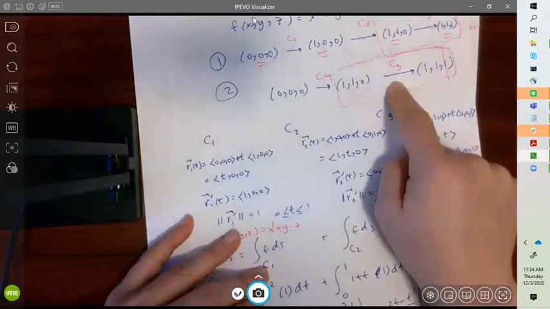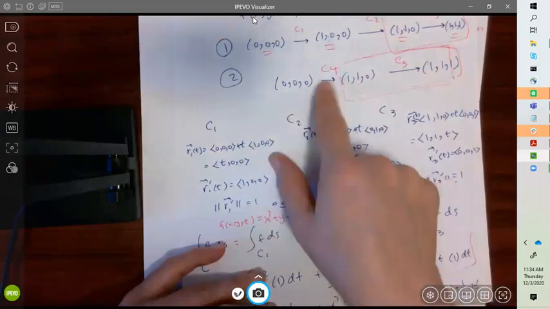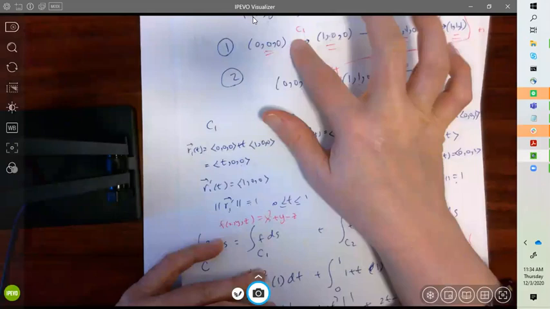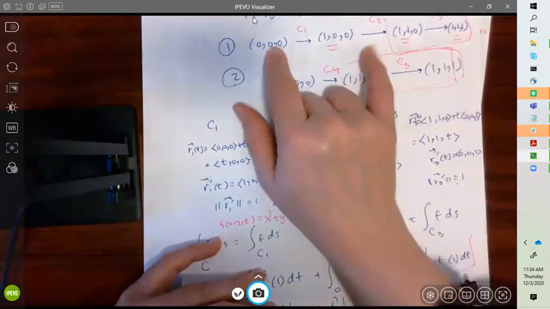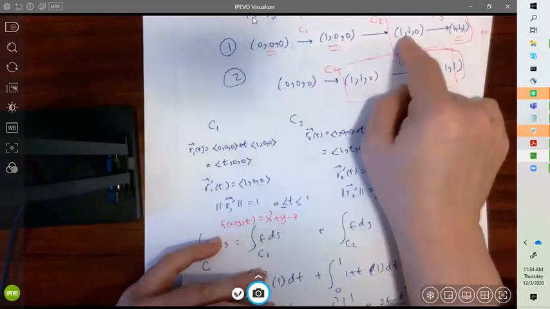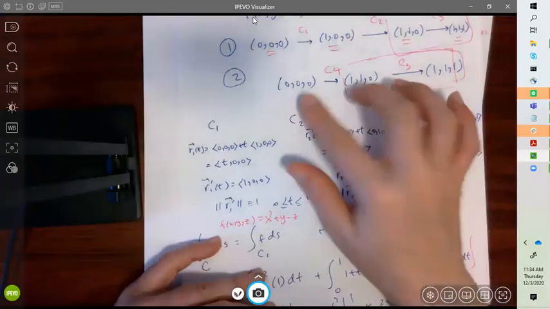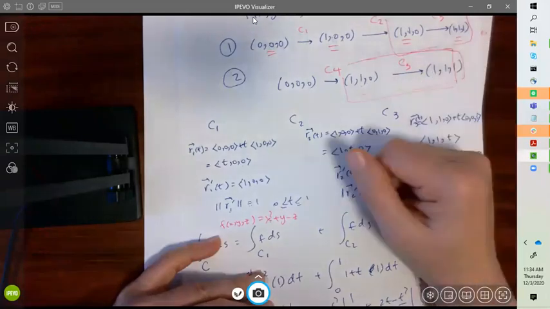C3 was the same. We've already computed that one. But C4 we haven't computed because this is different. Even though there is a C1 plus C2, and the beginning point of C1 is here, the end point of C2 is there, they're not going to give you the same answer, because they're different paths.